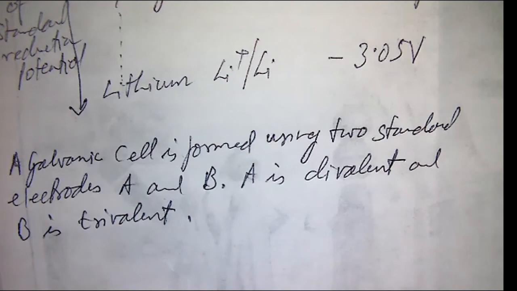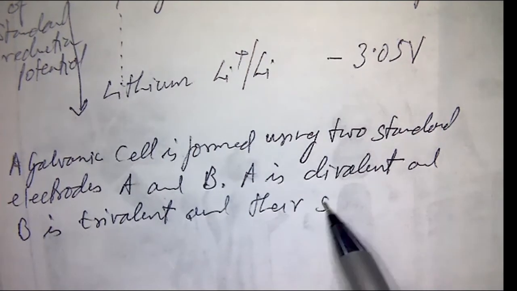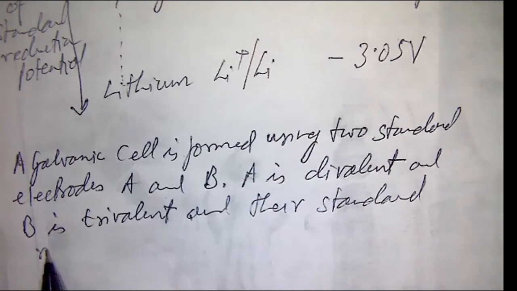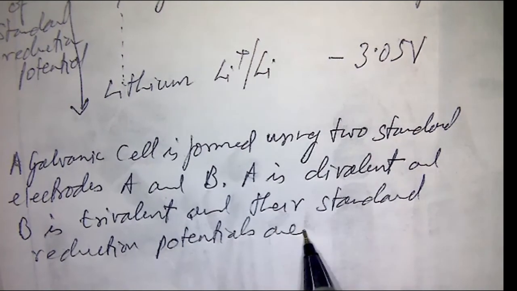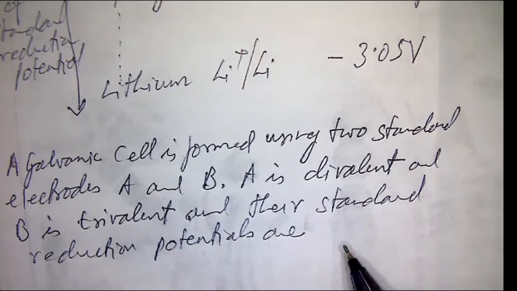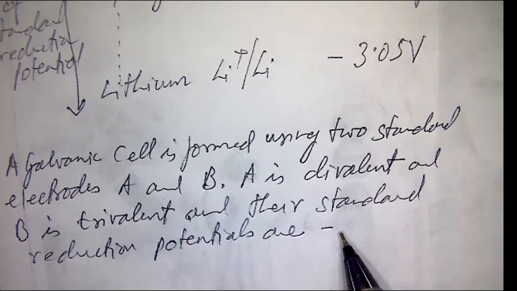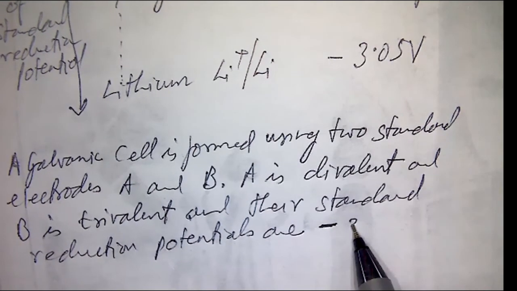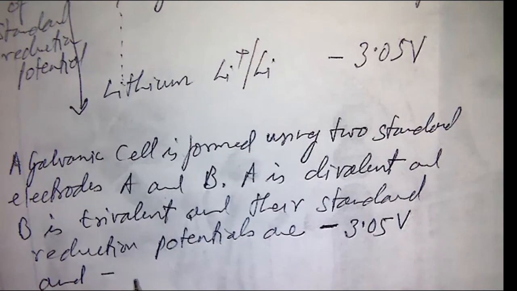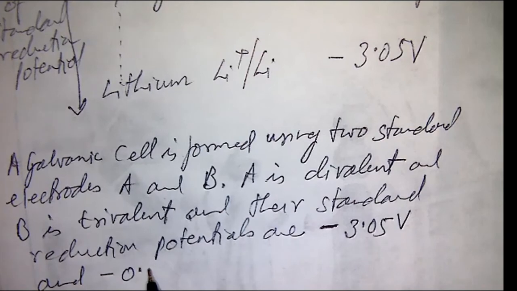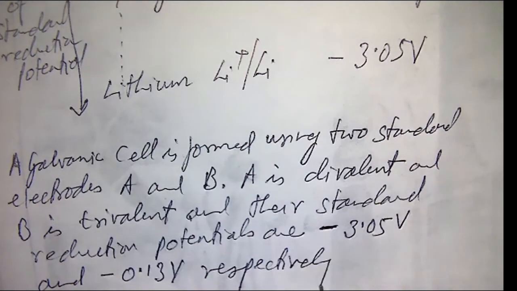A is divalent and B is trivalent, and their standard reduction potentials are minus 3.05 volt and minus 0.13 volt respectively.